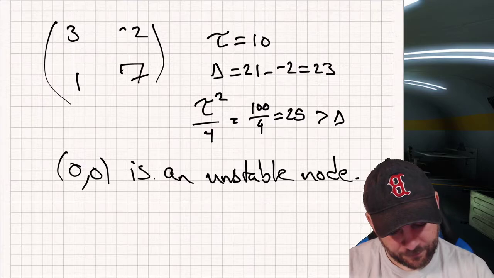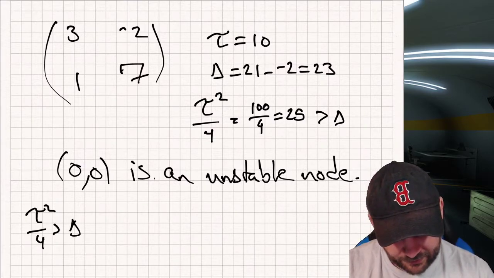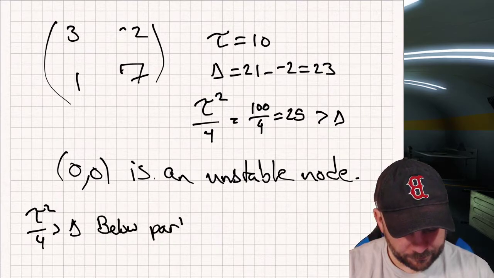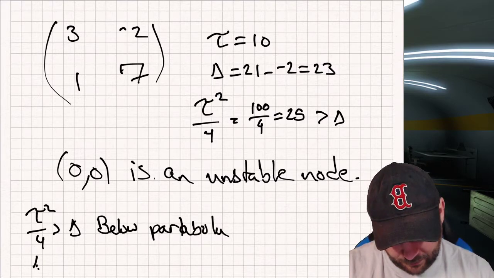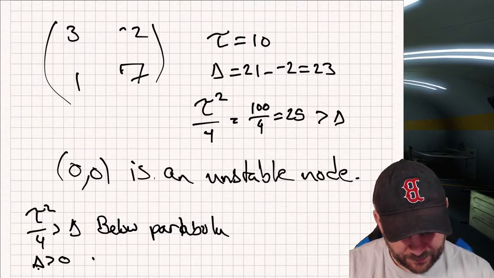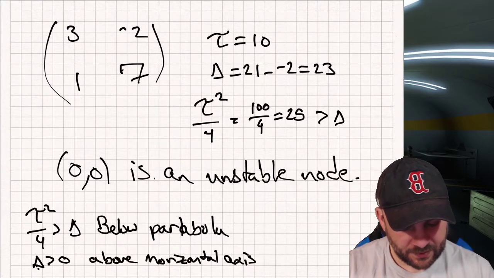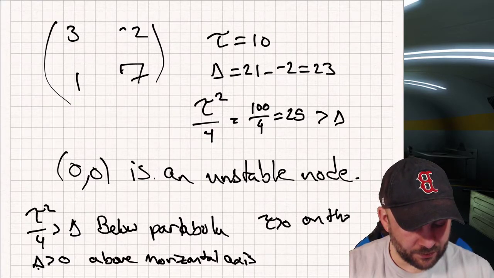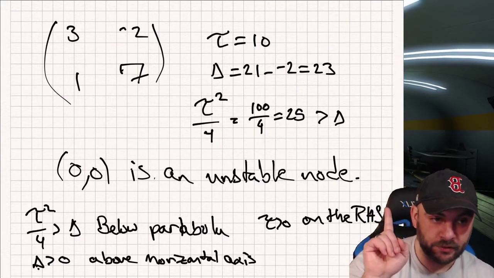Okay, to cover that again, my trace squared over 4 being greater than delta means I'm below the parabola. Delta being positive means I'm above the horizontal axis. And trace being positive means I'm on the right-hand side. And that's how I can conclude unstable node.